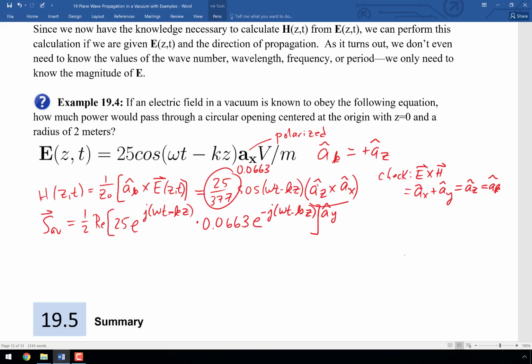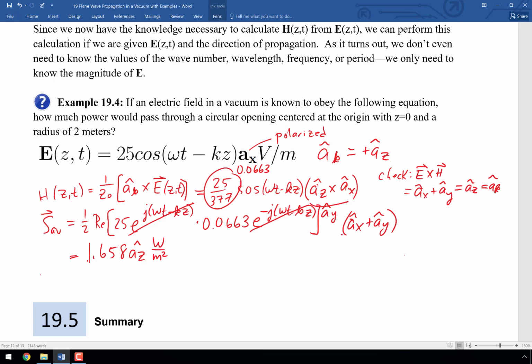And this e to the j omega t minus kz will cancel with this e to the negative j omega t minus kz. And I'm left with the direction of the vector, which was a sub x crossed with a sub y. And so when I multiply this out, I get 1.658 a sub z, and the units of the Poynting vector are watts per meter squared.